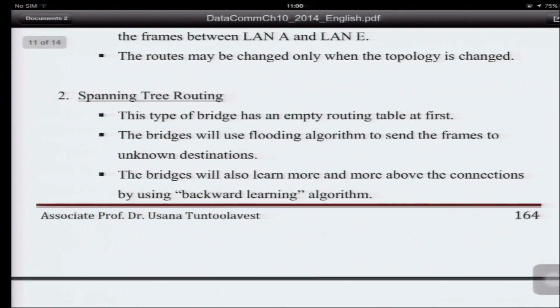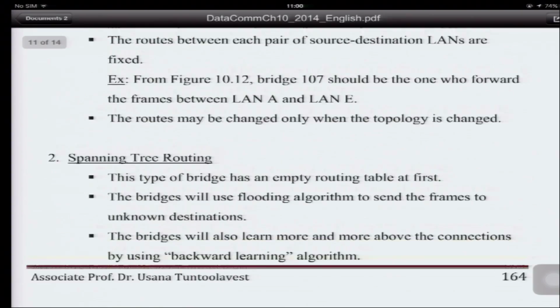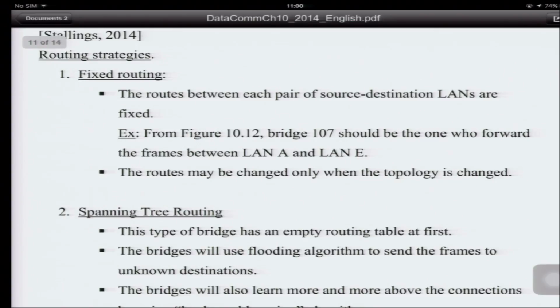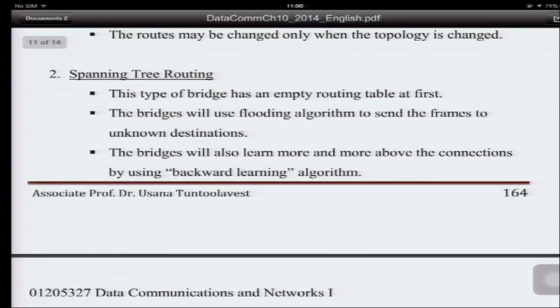The second one is spanning tree routing. For fixed routing, every bridge has a routing table after you are done with the algorithm. But for spanning tree routing, at first you have an empty routing table for each bridge.